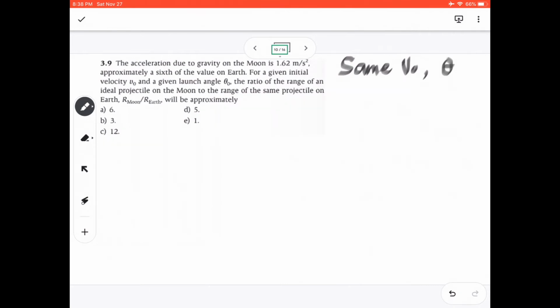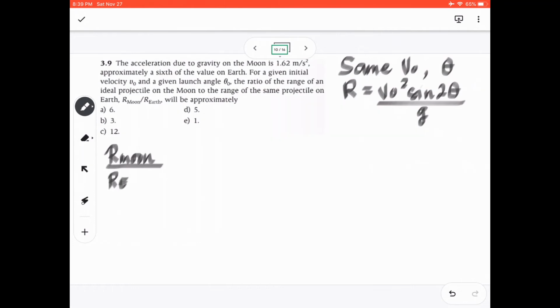So we know that R is equal to VO squared sine 2 theta over G, right? So the theta and the V are equal, but the G is not equal. So we're going to get the ratio between R moon and R Earth.